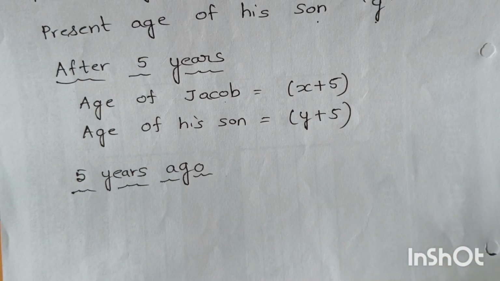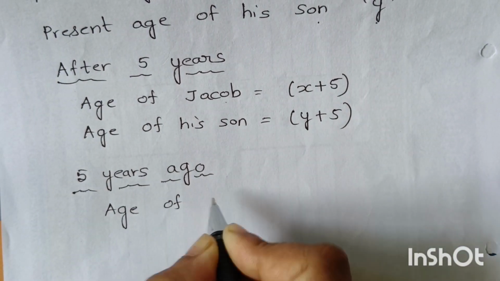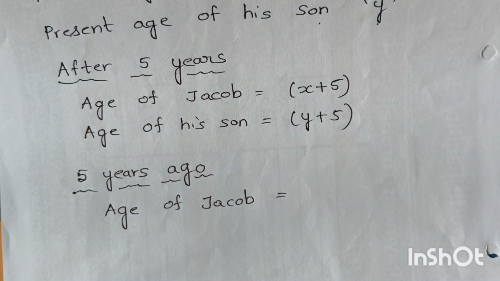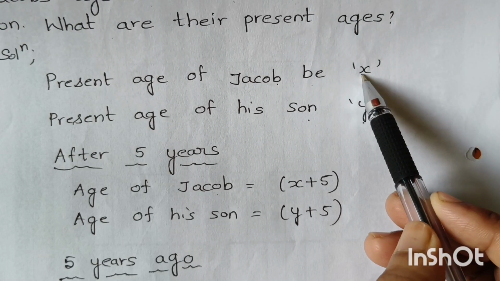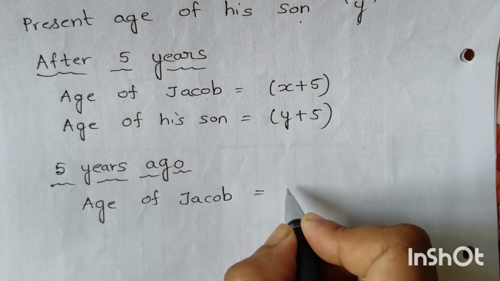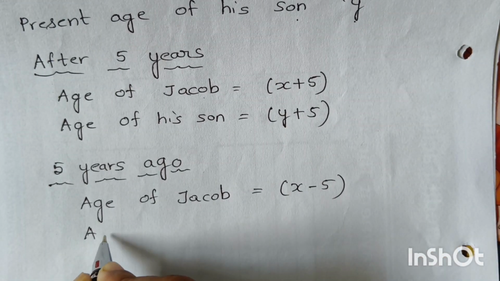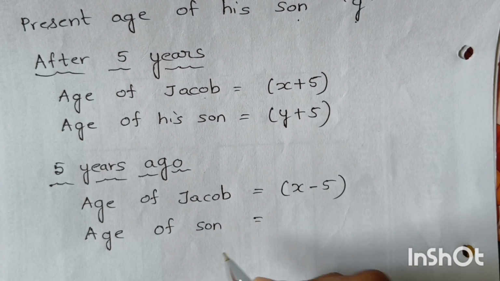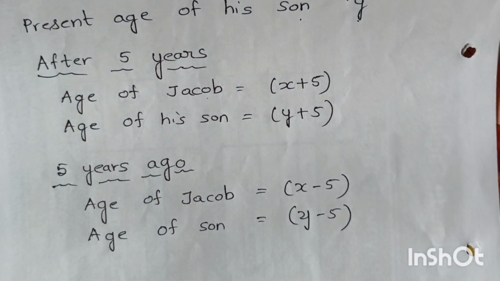Therefore, what can we write? 5 years ago, age of Jacob, it will reduce by 5. Therefore, from the present age, I have to subtract 5. x minus 5. And age of son, it will also decrease by 5. Therefore, it is y minus 5.